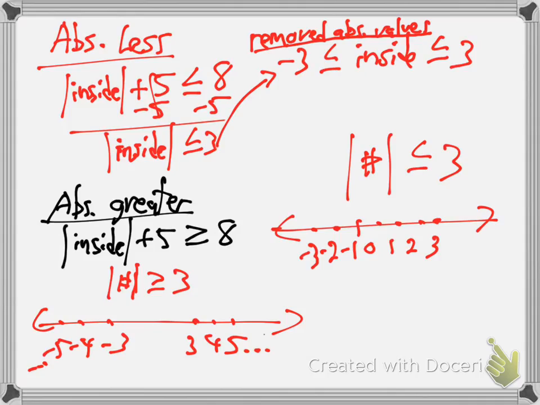It's the two outsides for absolute value greater, isn't it? For absolute value less, logically, that means the middle section, doesn't it? See the difference? So that's what this is. This is in the middle. The number inside must be in the middle between -3 and +3. Do you see that logically?